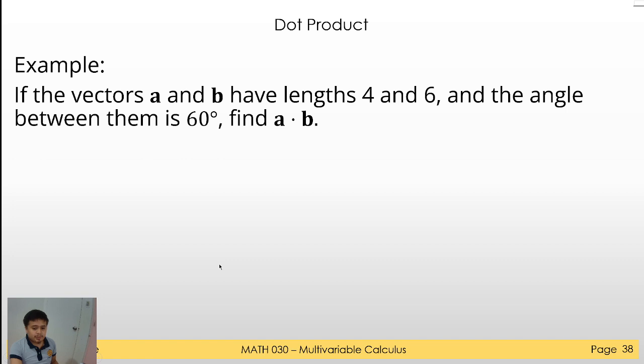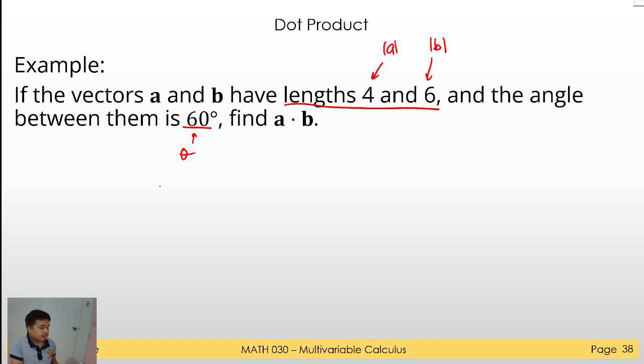Now, let's say we have a problem here. If we have two given vectors a and b that have lengths of 4 and 6, and the angle between them is 60 degrees, find the dot product of a and b. So again, we are given an angle and the lengths. This angle is theta, and these are the lengths of a and b respectively.